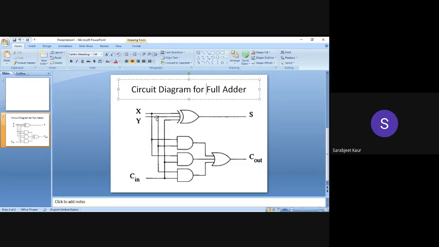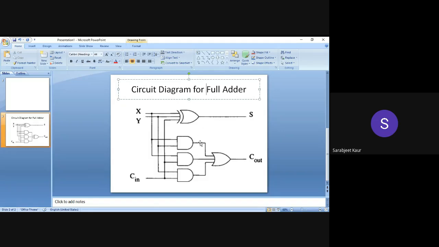And then the respective inputs X, Y, this Y, Z, and X, Z are being taken. So they are being taken and fed to these AND gates.